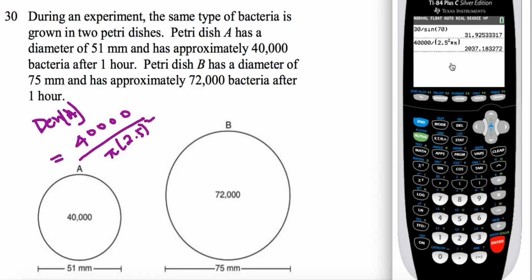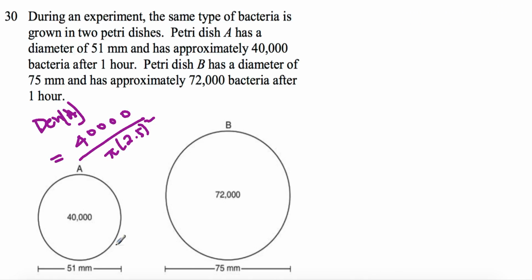Sorry, it's 25.5. I have to just modify this one just a little bit. Insert 25.5. Then we get 19.8, or 19.6. 19.6 bacteria per unit area.